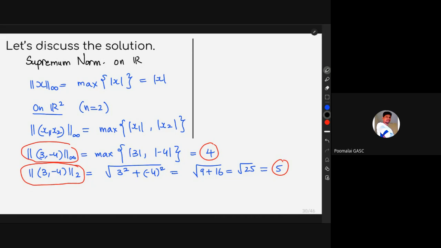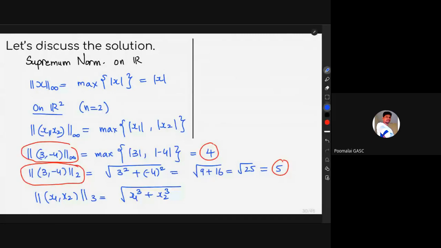But first you need to check, if you change the definition of the norm, how will you define it? For x1, x2, will you define it like x1 cube plus x2 cube, like that you are saying? What is the actual definition for norm 3, that's my question.